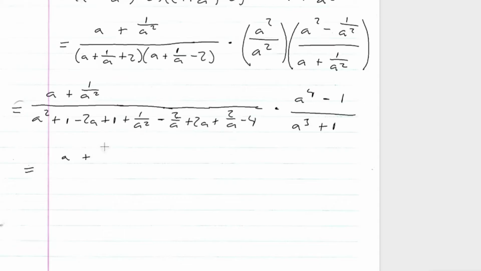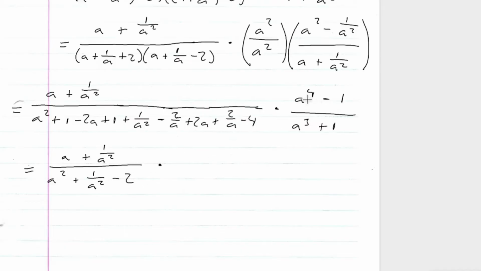A plus 1 over a squared over, so there's 1a squared. Let's do minus 2a plus 2a, that goes away. Minus 2 over a plus 2 over a, that turns to 0. So I have this plus 1 over a squared. I have 1 plus 1 is 2, minus 4 is minus 2.